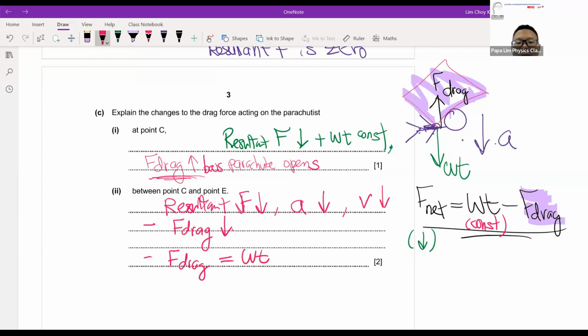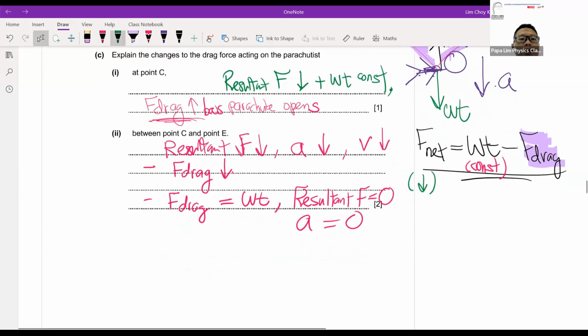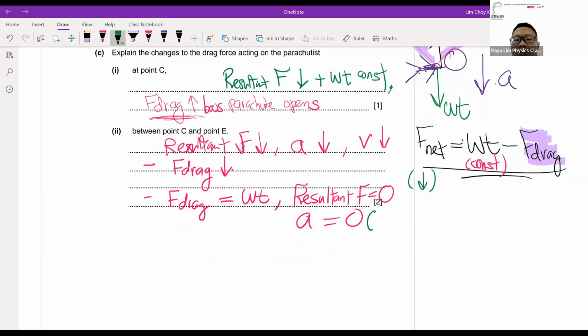And when this happens, the resultant force acting on the parachutist is actually 0. In this case, the acceleration is 0. And when you have 0, it means the parachutist will be dropping at a maximum velocity.